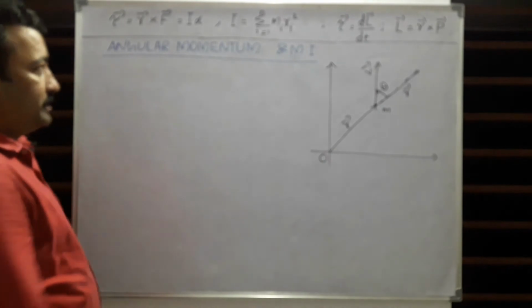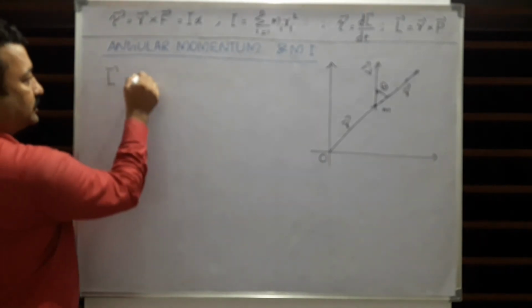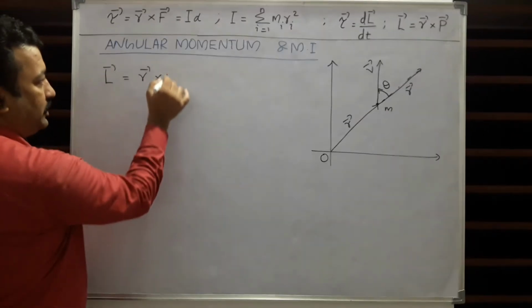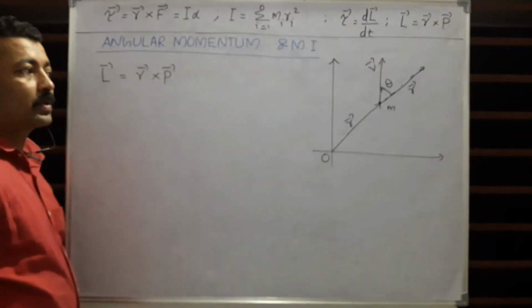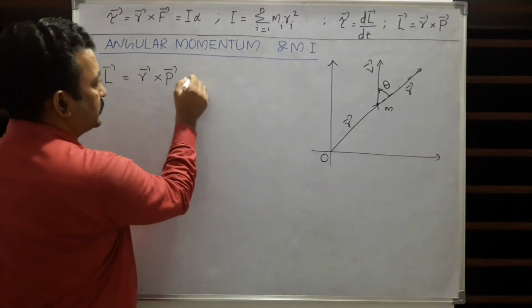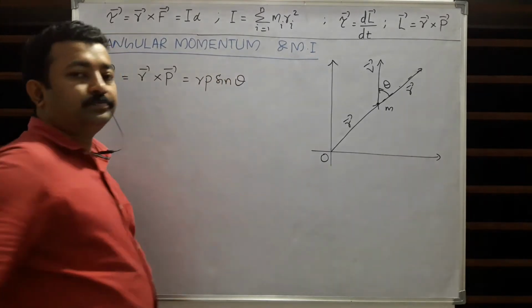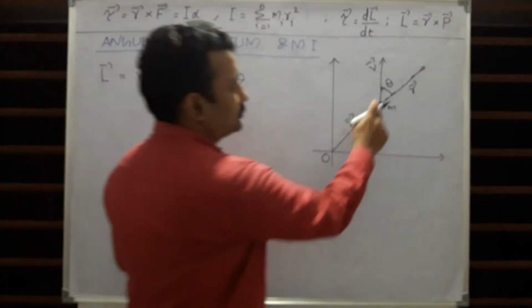So from that you can see the angular momentum can be defined as the cross product of r and p, or r p sine theta, where p is the linear momentum of the particle.